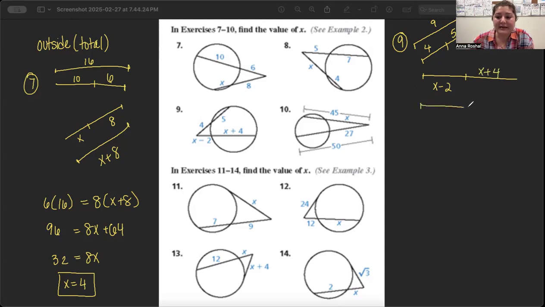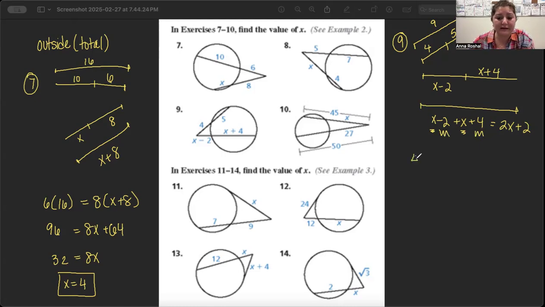To get the entire line, I'm going to do x minus 2 plus x plus 4 so that I get the full line all the way across. I can combine like terms and get 2x plus 2, right? Because x and x is one like term, and negative 2 and positive 4 is another like term.